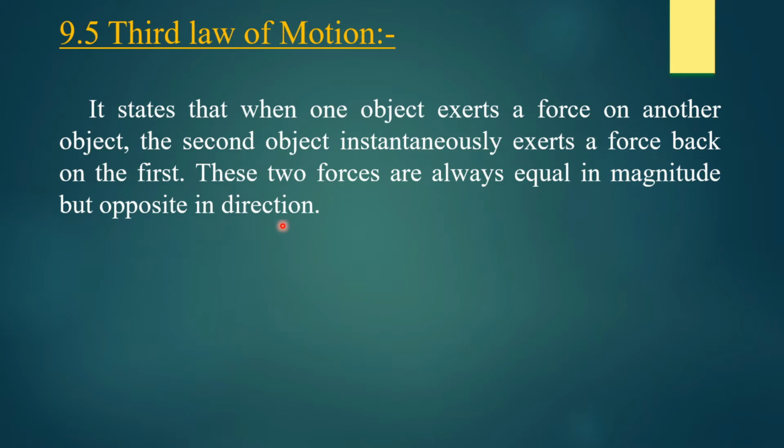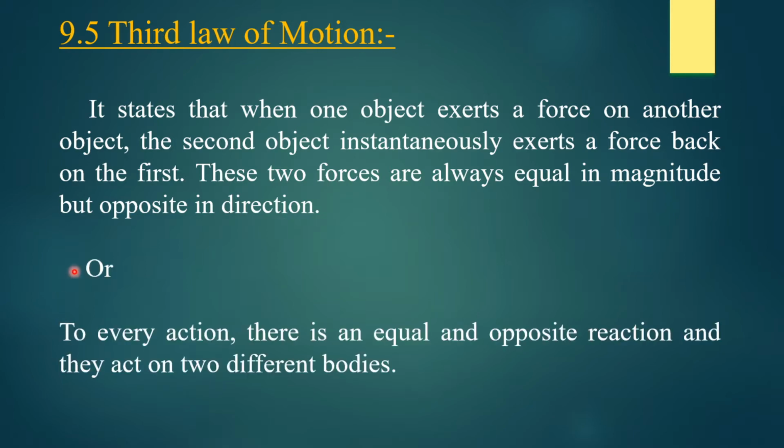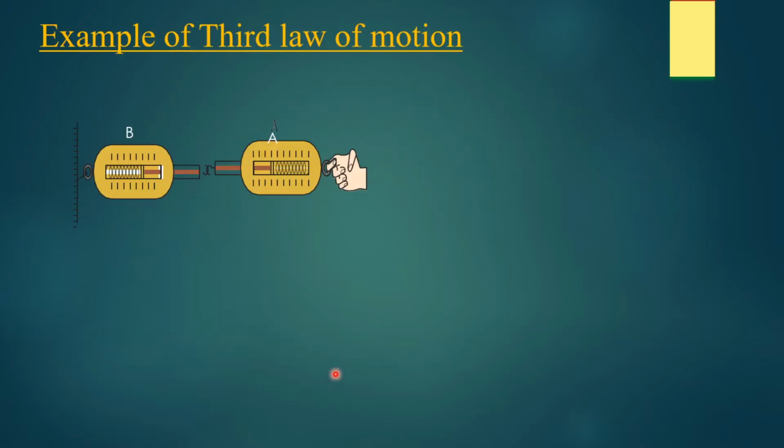So one is exerting force on another, and in turn, the other object is also exerting a force on the first one. Or the other statement is, to every action there is an equal and opposite reaction, and they act on two different bodies.